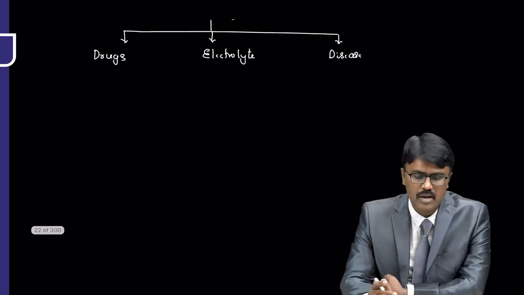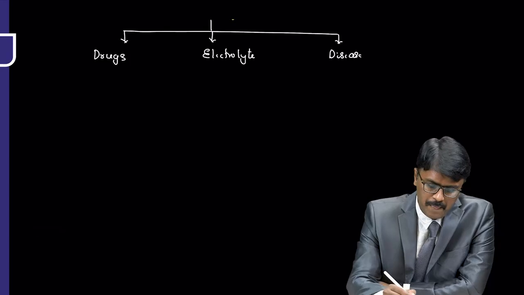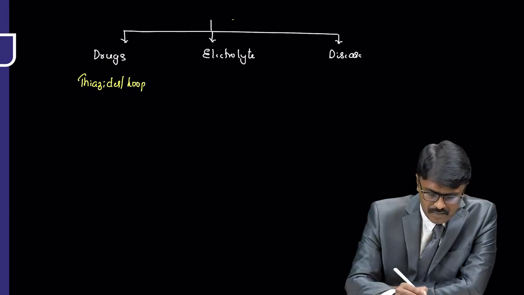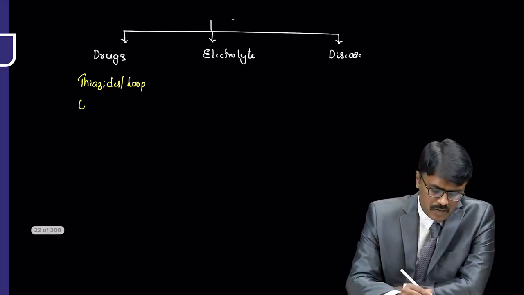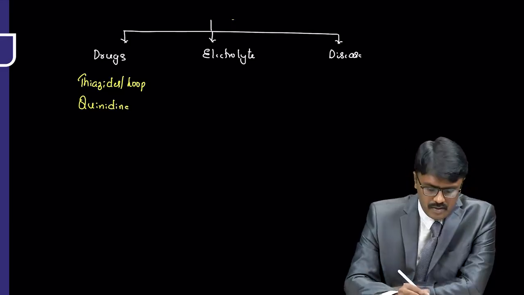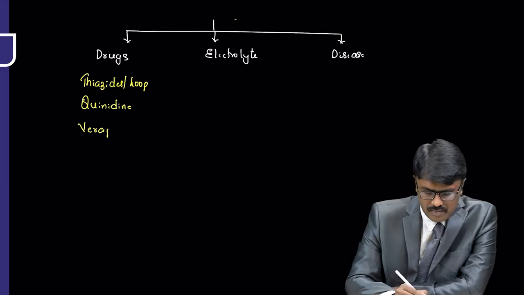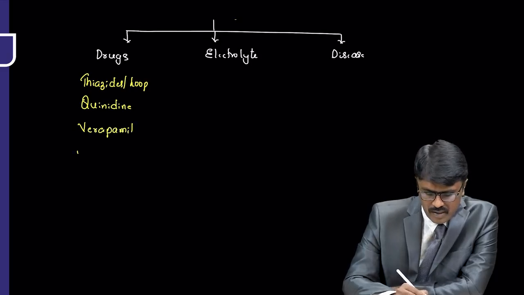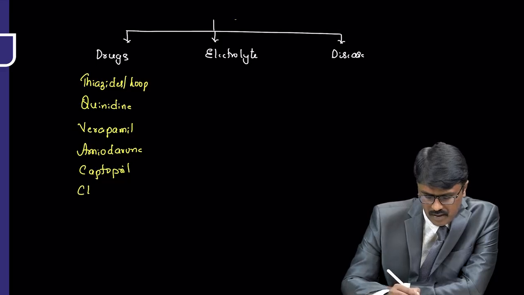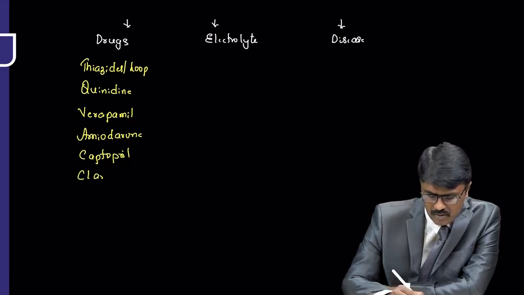Now the drugs which are going to increase digoxin toxicity are thiazides or loop diuretics, then quinidine, then verapamil, amiodarone, then captopril, and a drug called clarithromycin.